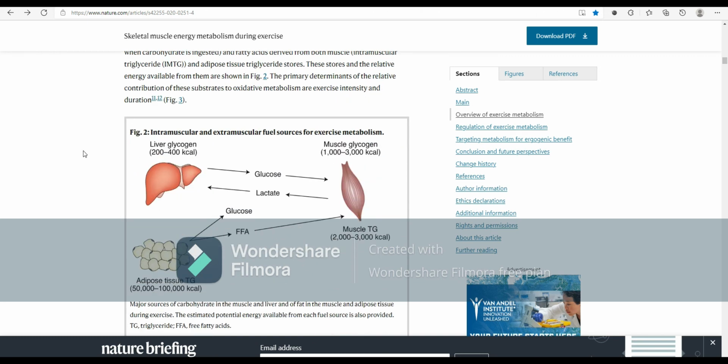These stores and the relative energy available from them are shown in figure 2 as we observed previously. So, the primary determinants of the relative contribution of these substrates to oxidative metabolism are exercise intensity and duration.